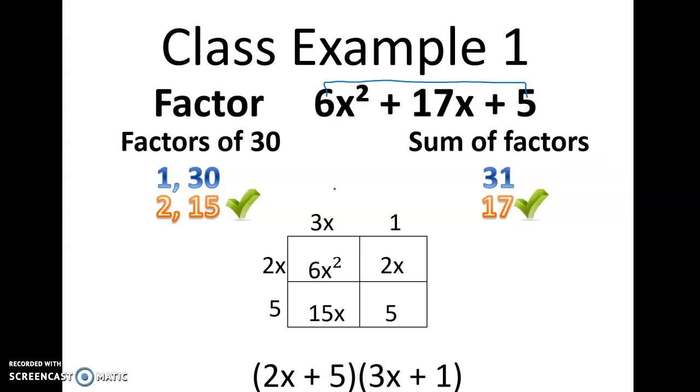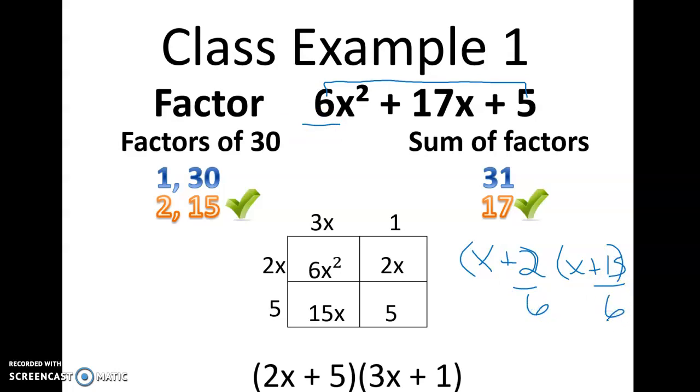Okay, again, you can do that as a slide and divide way also. This is slide and divide way. You would have had x plus 2 and x plus 15, right? And you would divide by the number that you slid.